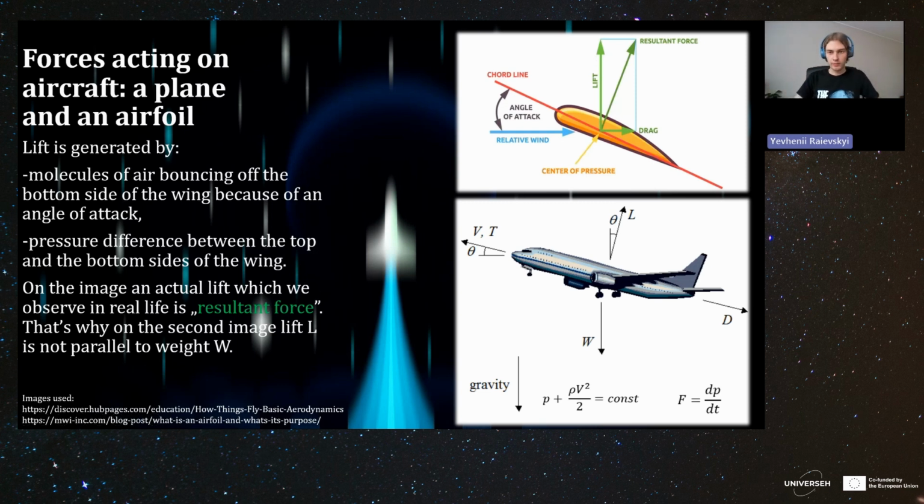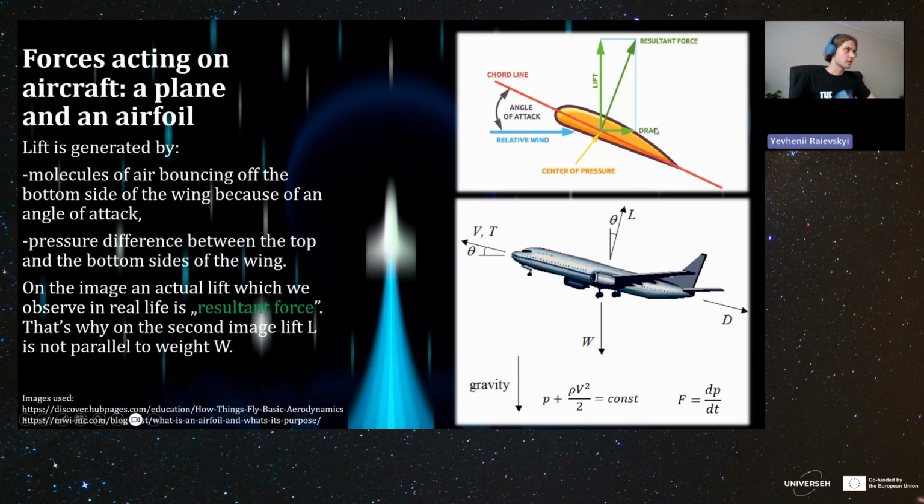I would explain why in a moment. The additional force we have to include here in our explanation is the drag, because it's always present in the system. This is the same thing as in the second image, indicated with D, drag.